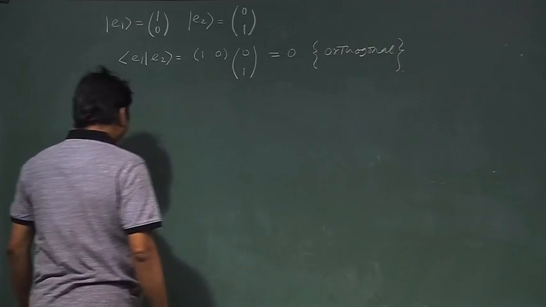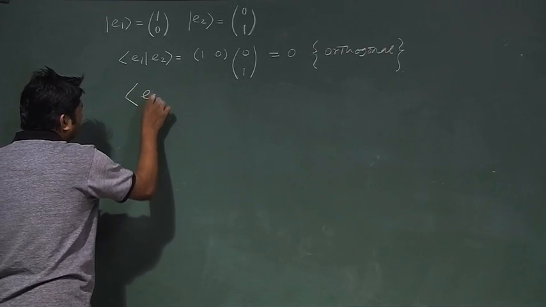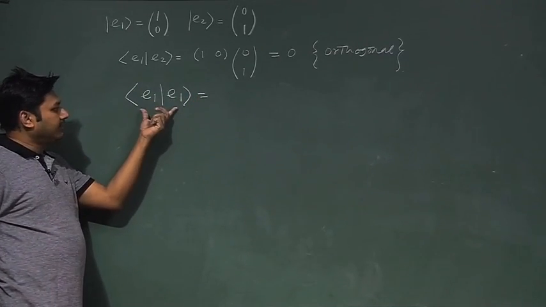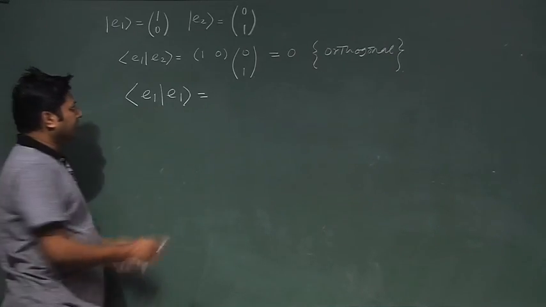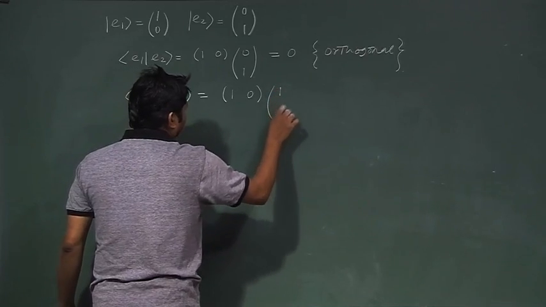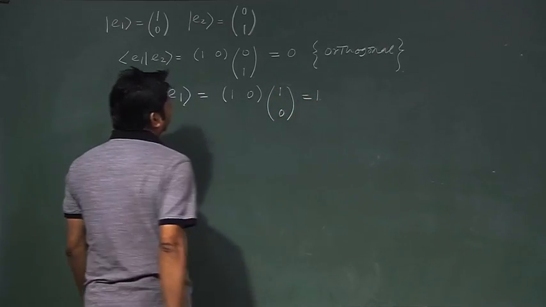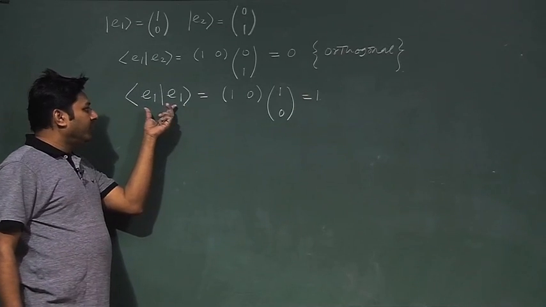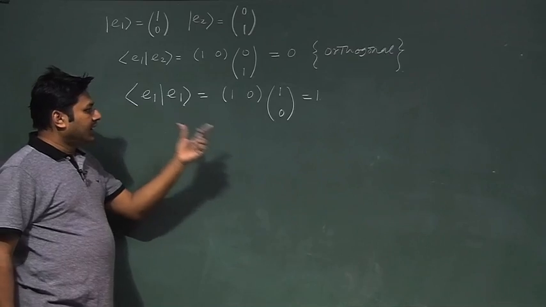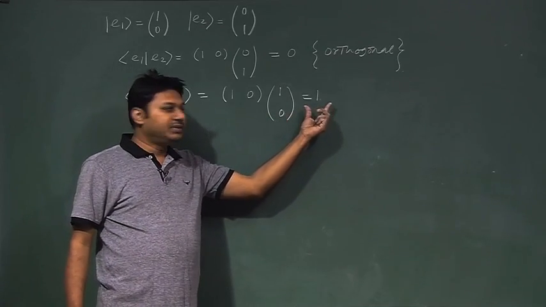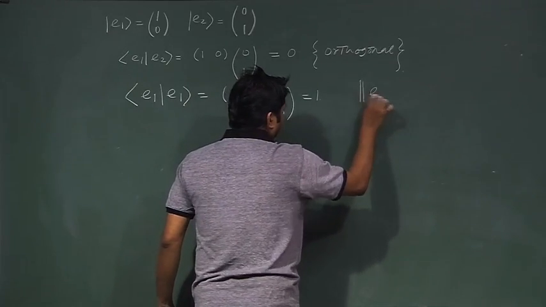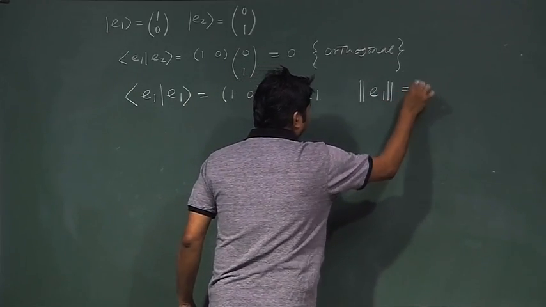The next thing is that I will do the same thing, but I am changing E2 to E1. I am making an inner product of the same quantity. So it will be 1 0 and also 1 0. So what I am getting is 1. That means when two vectors are multiplied in an inner product notation, I will have a scalar quantity. If the scalar quantity is 1, I can say the norm of E1 is equal to 1.